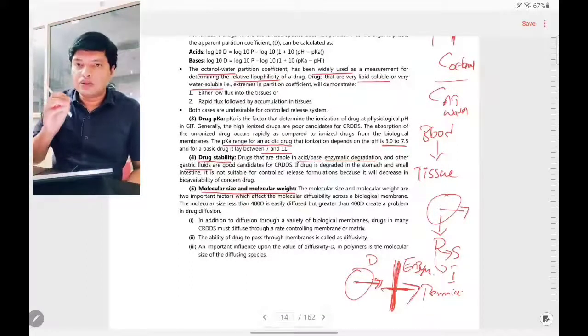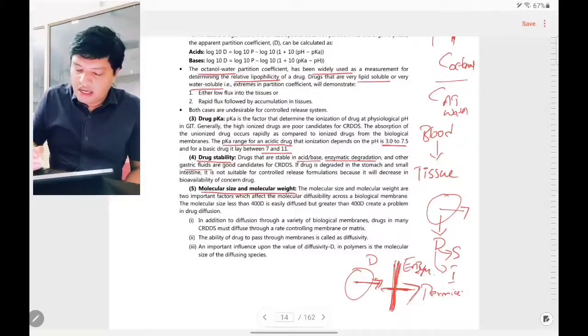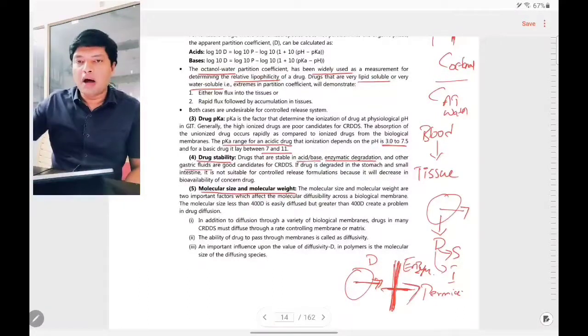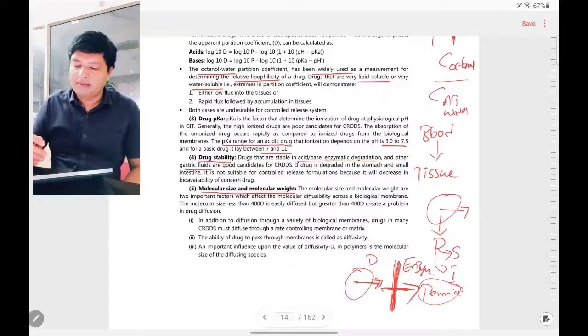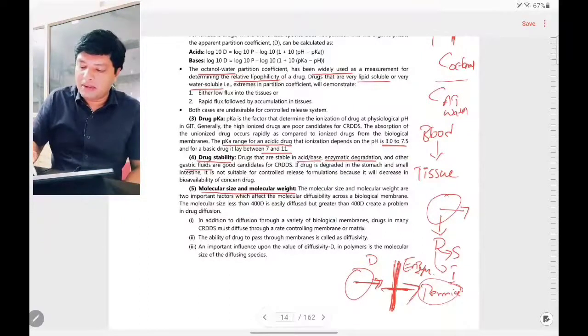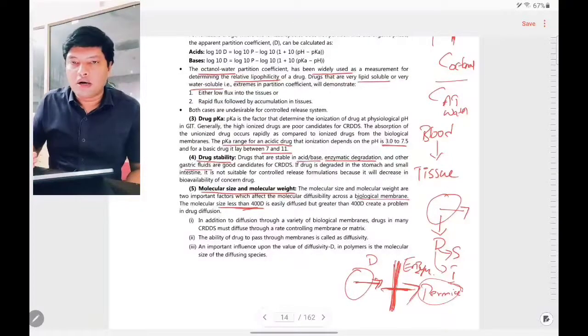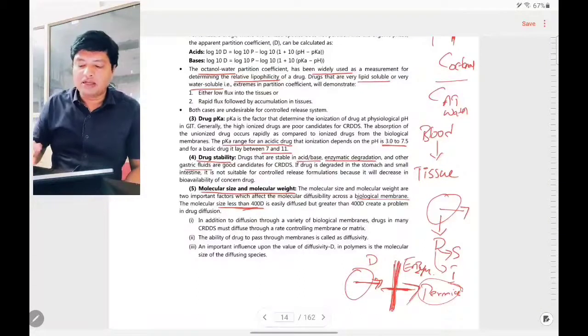In either case, the drug should have a small size and small weight. Let's see here. For drugs to permeate across a biological membrane, the molecular size should be less than 400 daltons, or you can say the weight should be less than 400 daltons.